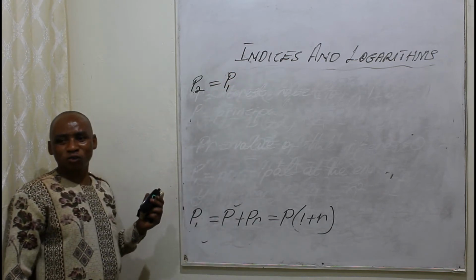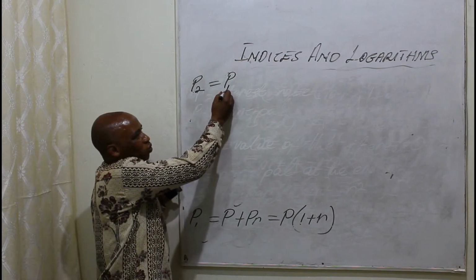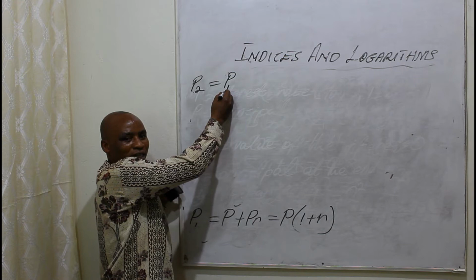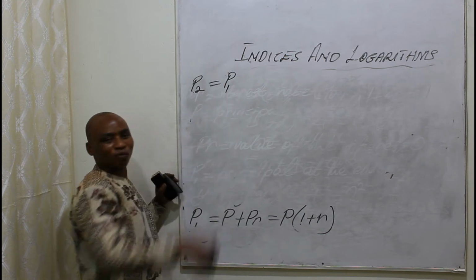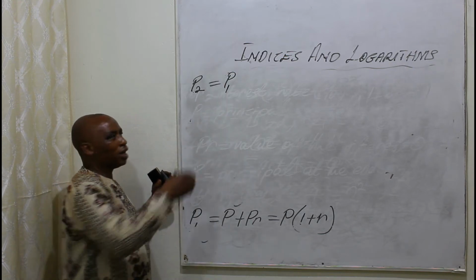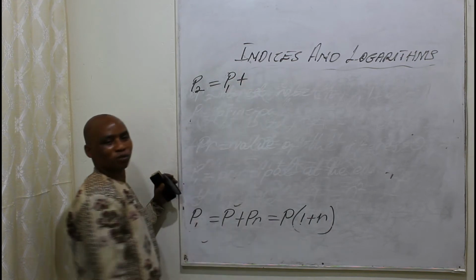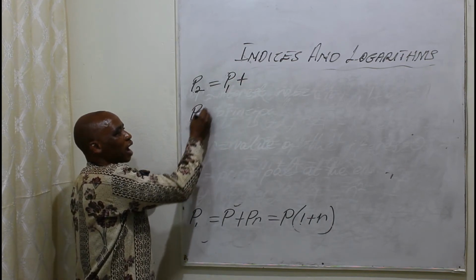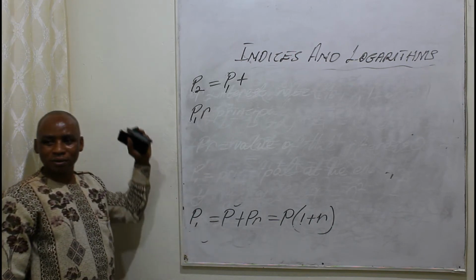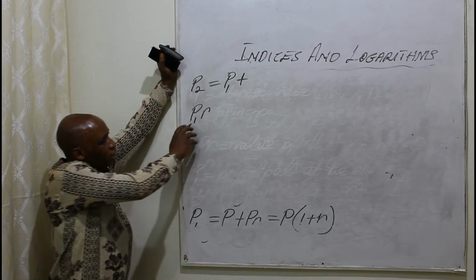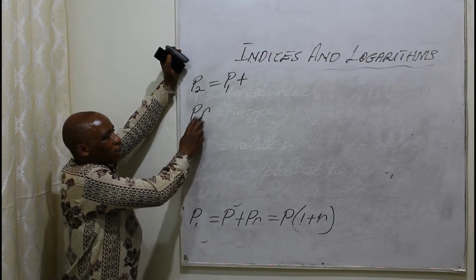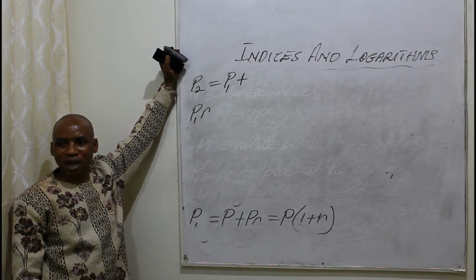This is the principal you invested at the beginning of the second year. Then at the end of the second year, if you are to calculate your interest, that one will be P1 times the interest rate, that's P1R.